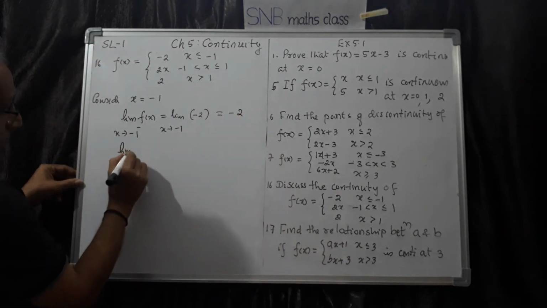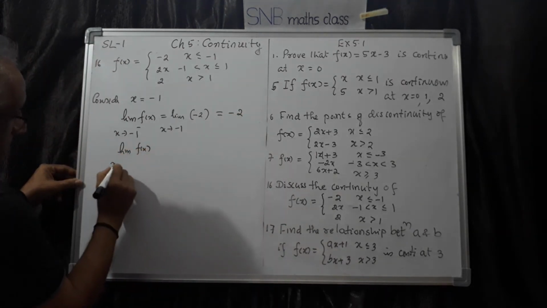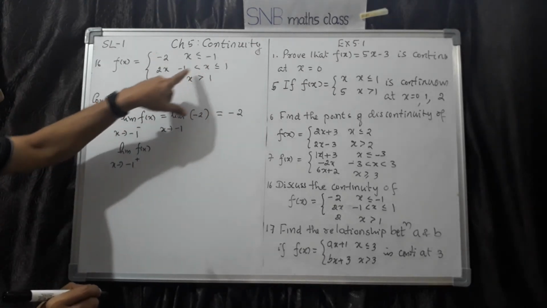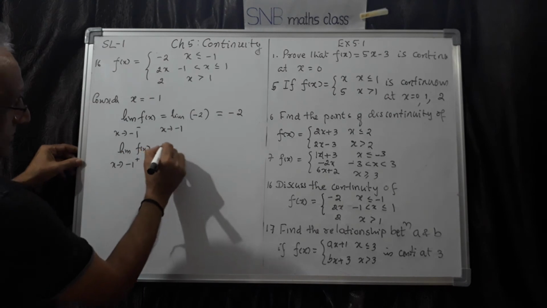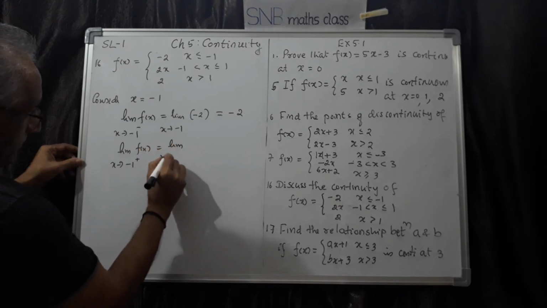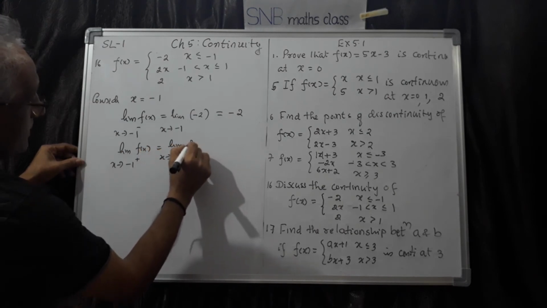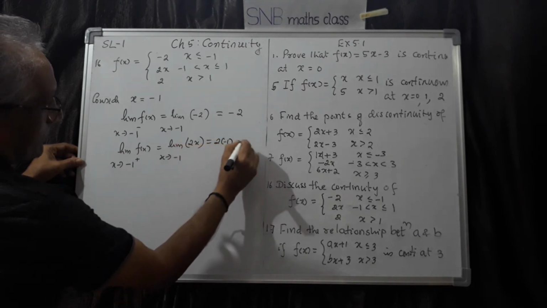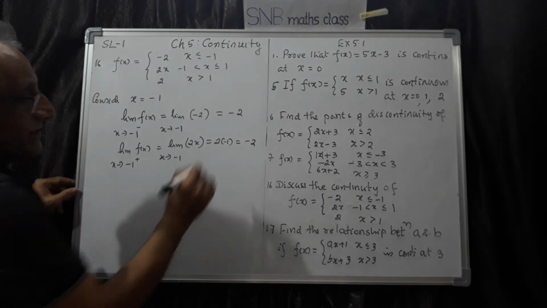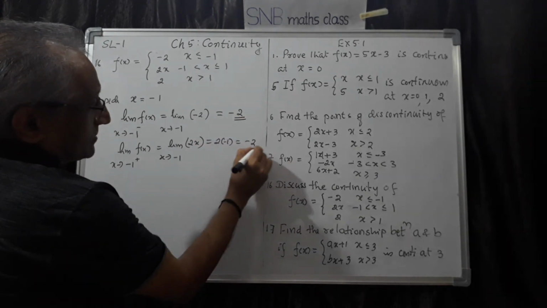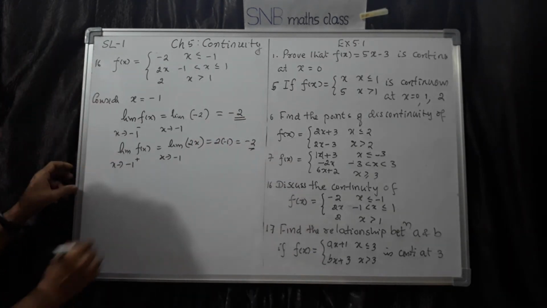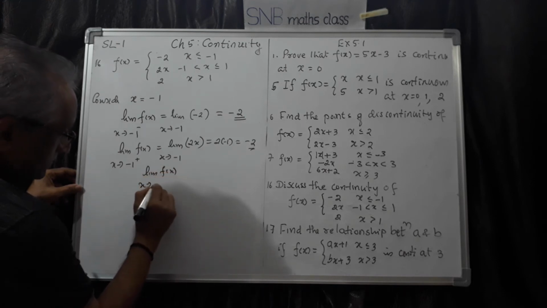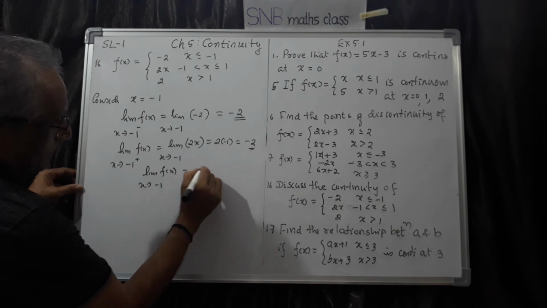Similarly, the limit of f of x as x tends to minus 1 plus means the right side of minus 1, so the function is this. This equals the limit as x tends to minus 1 of 2x, so 2 into minus 1, once again minus 2. So definitely the limit exists because left limit equals right limit. Therefore the limit of f of x as x tends to minus 1 is minus 2.